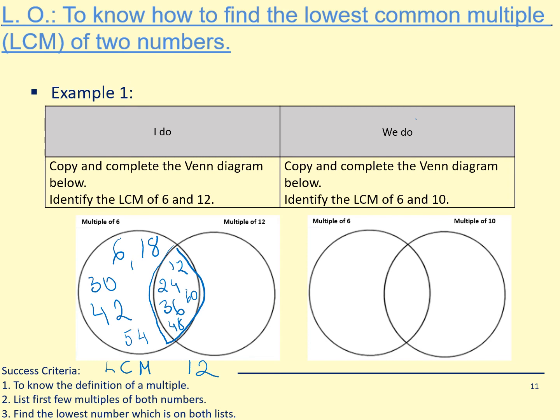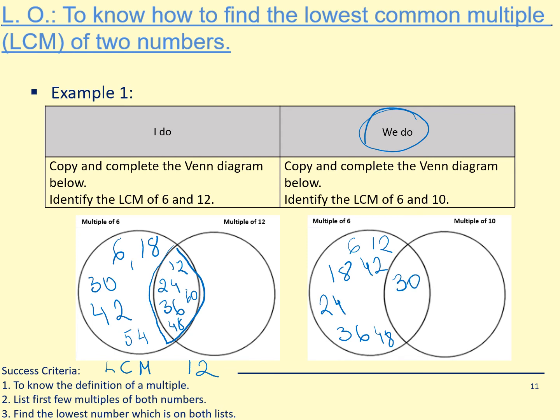Now pause this video and have a go at your turn. Okay, so what you should have here is 6, 12, 18, 24, 30, 36, 42, 48. Oh, I made a mistake because 30 is also a multiple of 10, so it should go into the intersection.